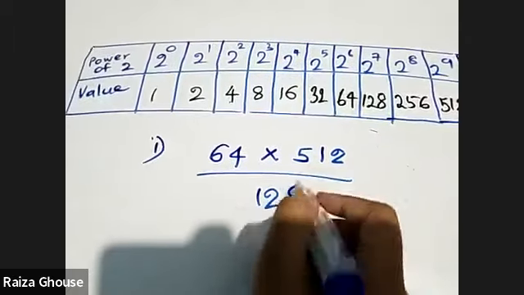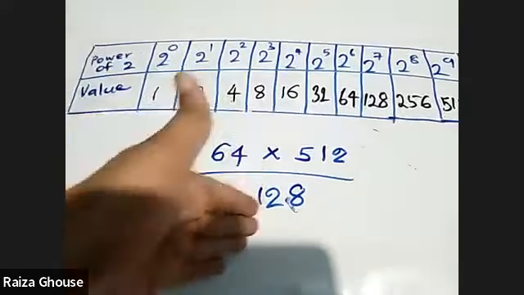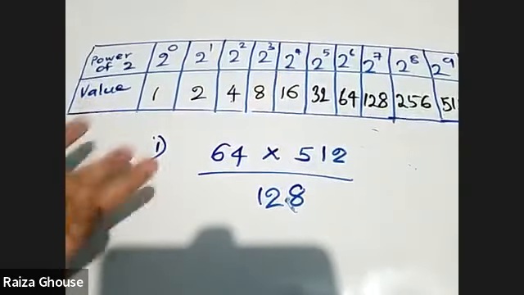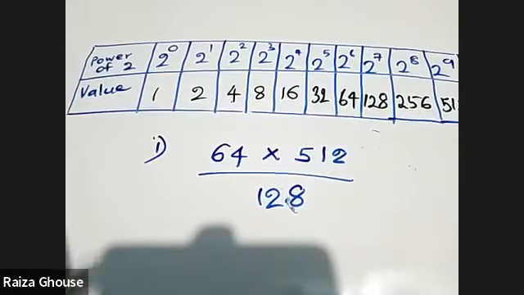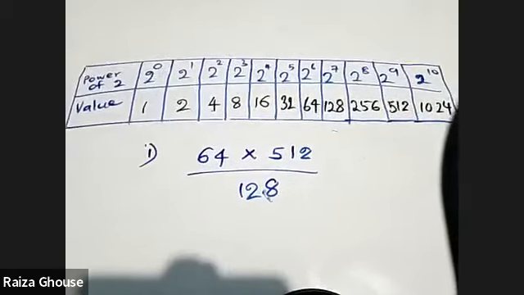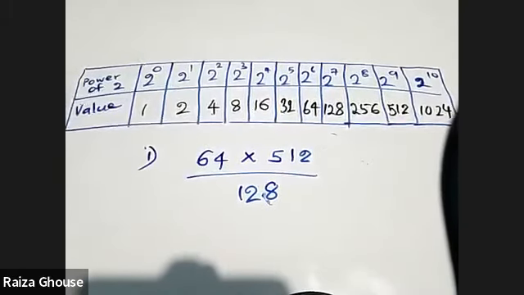How will you find the answer? We will just simplify, like cancelling, or multiplying and then dividing. Can you do it in that method and tell me what answer you're getting?